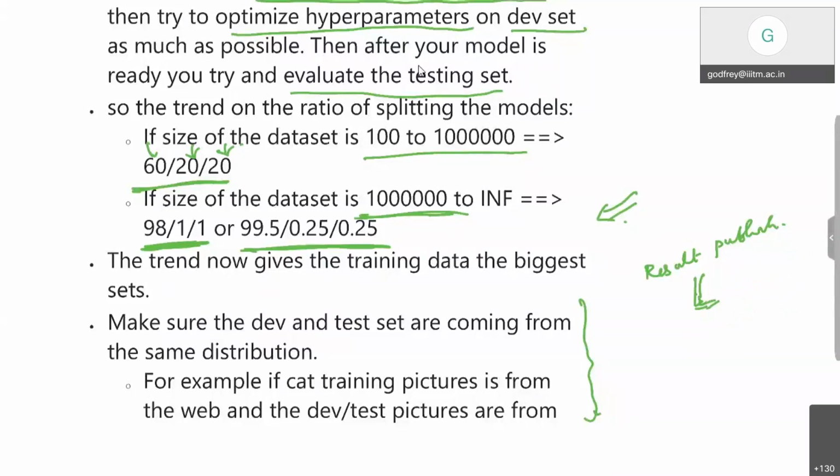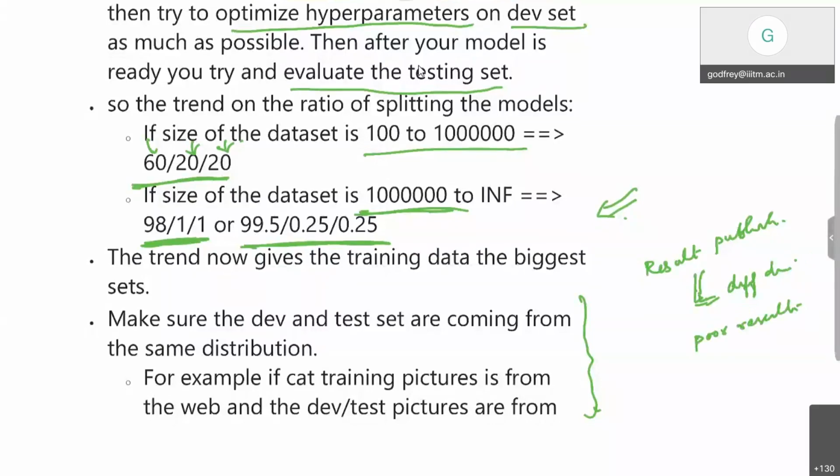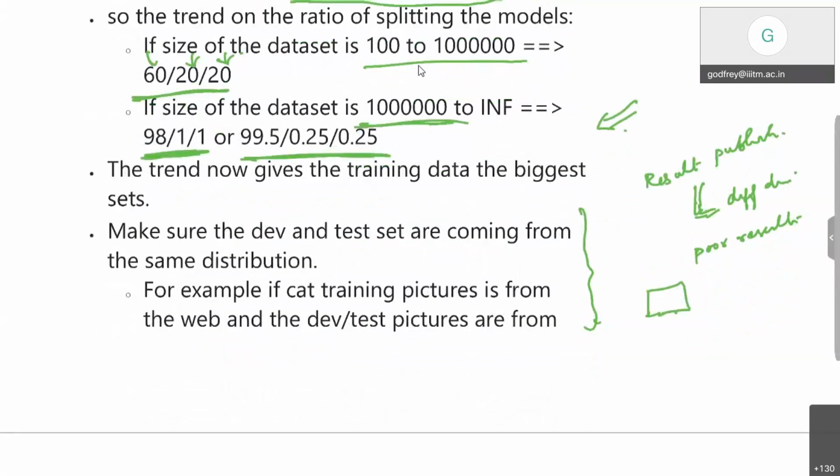If you have data that comes from a different distribution, then you are going to have very poor results. Say, for instance, the training data set comes from one distribution and your development data set comes from a different distribution, then you are going to have very poor results.